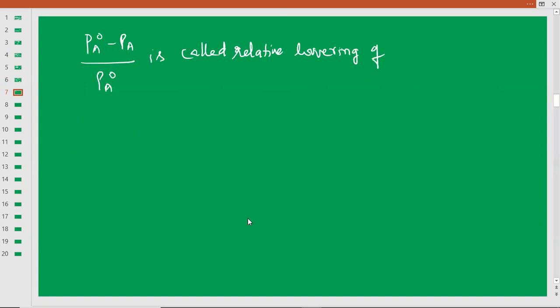So here we have noticed that Pa0 minus Pa by Pa0 is nothing but what is called the relative lowering of vapor pressure.